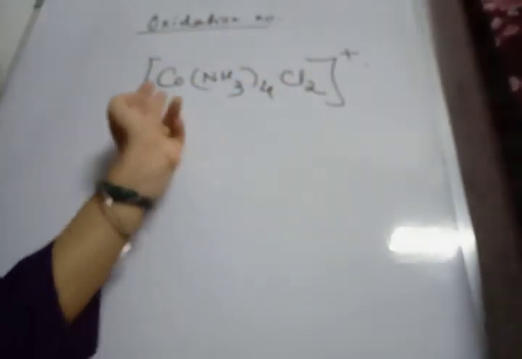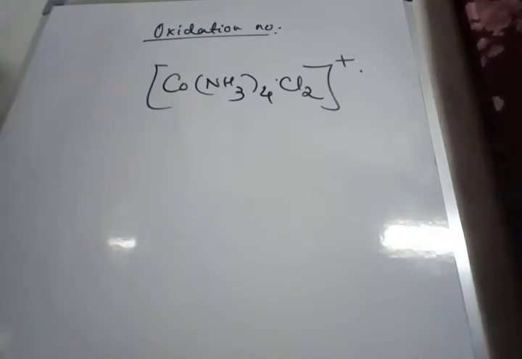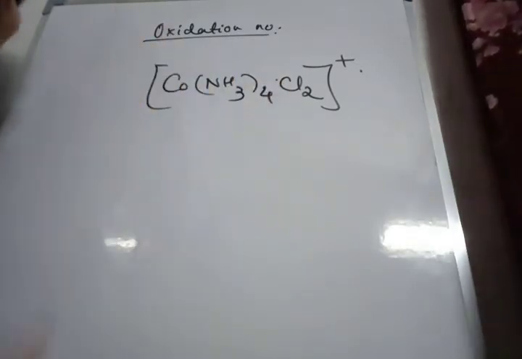Cobalt, then okay, this particular complex. So here first of all the rule tells us that we have to name the ligand first, then we have to name the metal. Now here we are having two ligands, NH3 and Cl.